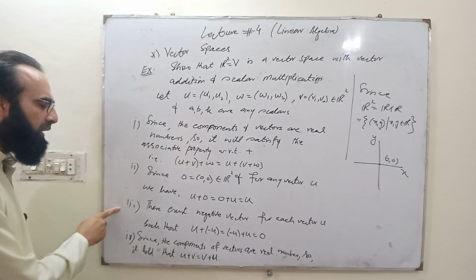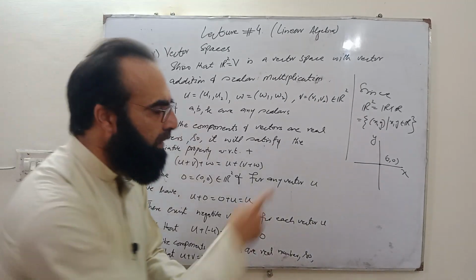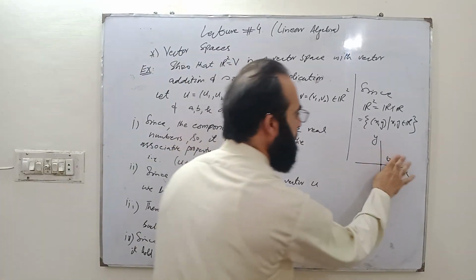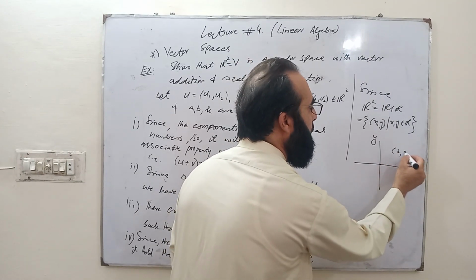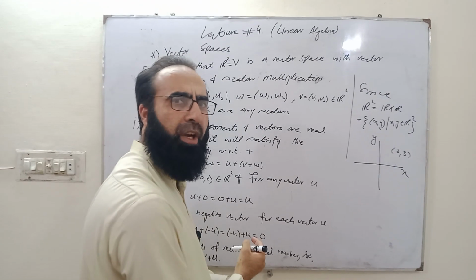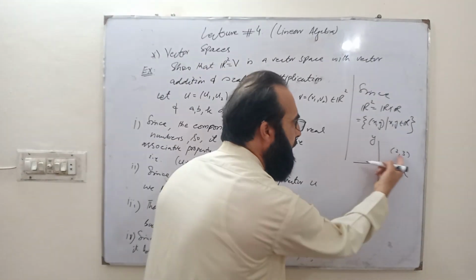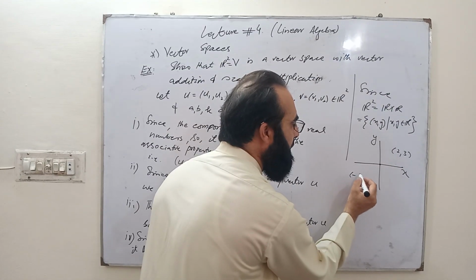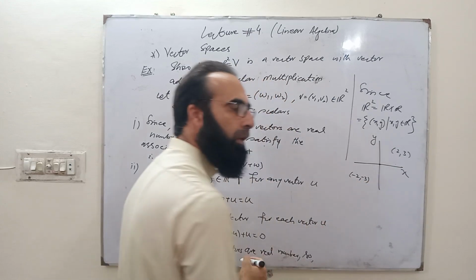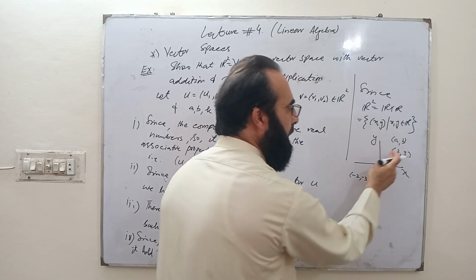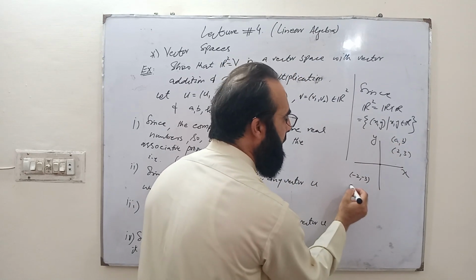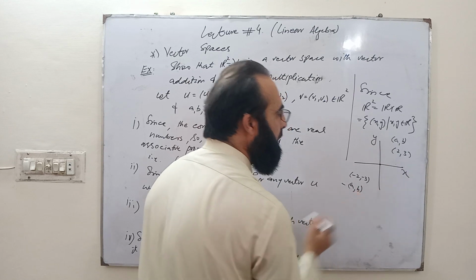In the third condition, look at the same xy plane. If I take here 2, 3, then what about minus 2 and minus 3? The negative of this point will lie in the third quadrant. If I take here a, b, then its negative will lie in the third quadrant.